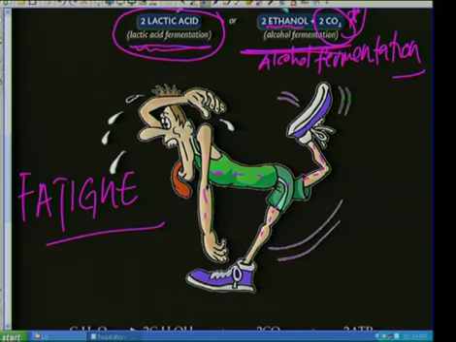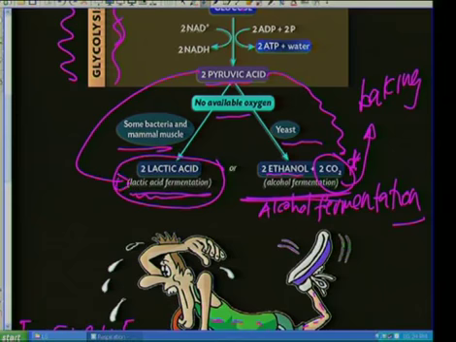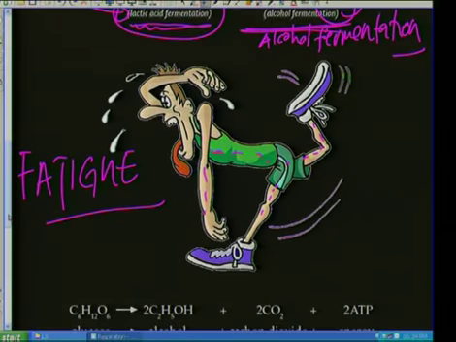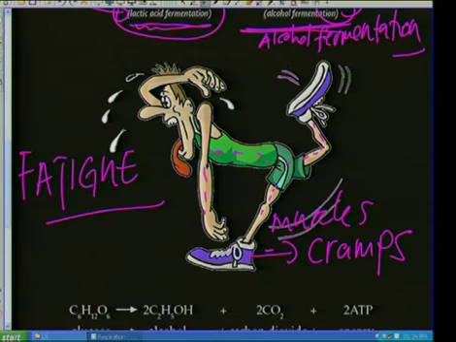Because the oxygen is not reaching the cells where it's needed, the muscles and the cells where it is necessary. So therefore, what has happened in his body? The pyruvic acid is converted to lactic acid. This lactic acid fermentation that takes place in muscles mainly causes cramps. And you know that you have a burning sensation when you have cramps.